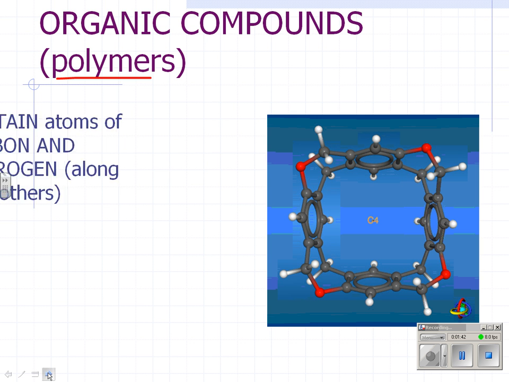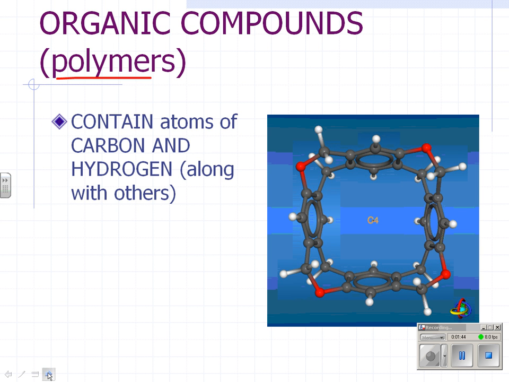Okay, an organic compound contains atoms of carbon and hydrogen, along with others, but especially carbon and hydrogen. In every organic compound, you will find atoms of carbon and hydrogen.